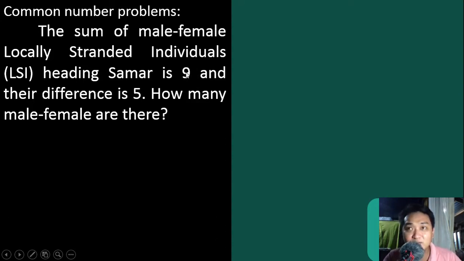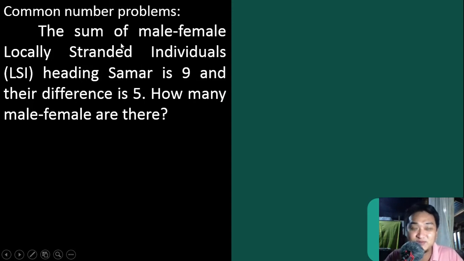Kung babalikan nyo lang po yung mga previous topics natin about linear equations in two variables, especially in solving word problems involving linear equations, shinare ko po sa inyo kung paano ito in-express in linear equations. Ayan.